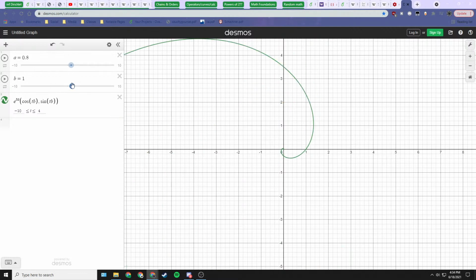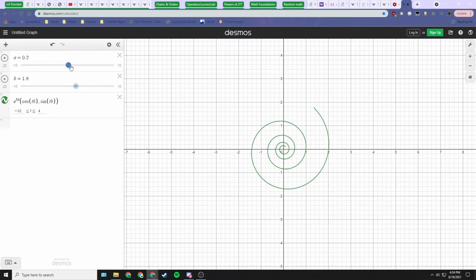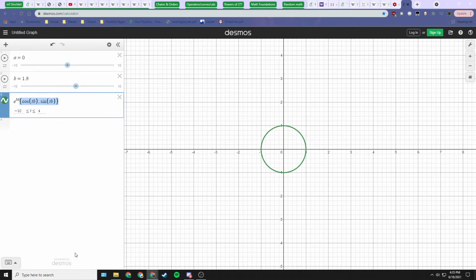There's a special case. So if we have a go down to 0, what notation? This one? Cosine tb comma sine tb. This is Euler's formula, if that's what you mean. So this is e to the ta. We have t going from -10 to 10 if we want. And then I've just multiplied it by a point. So e to the ta is the magnitude, and then this cosine sine is the direction.